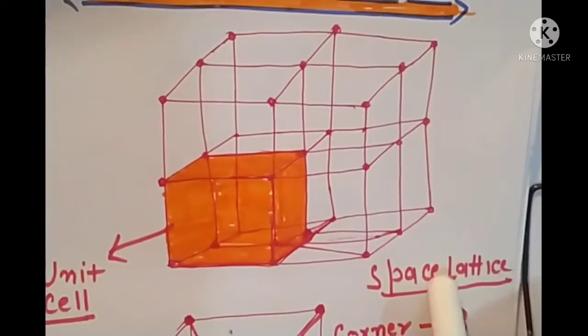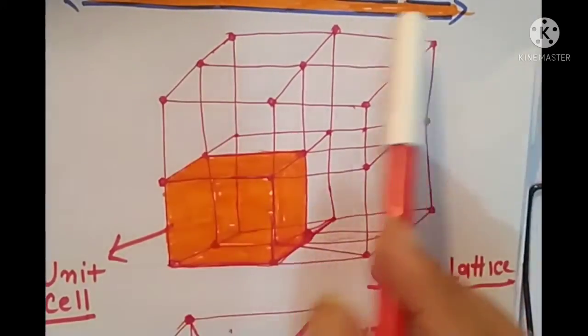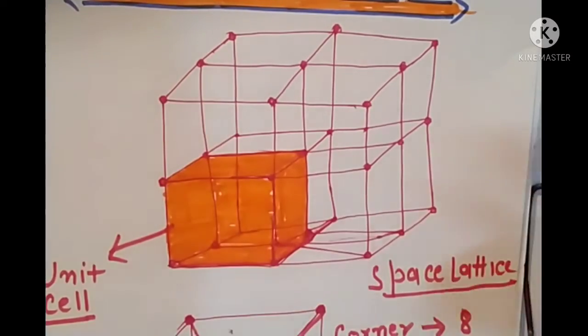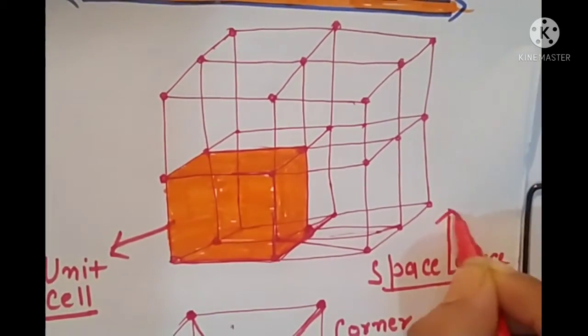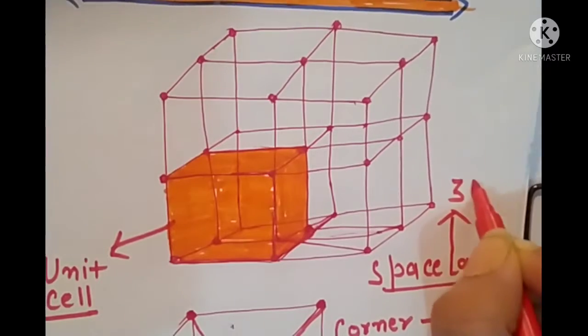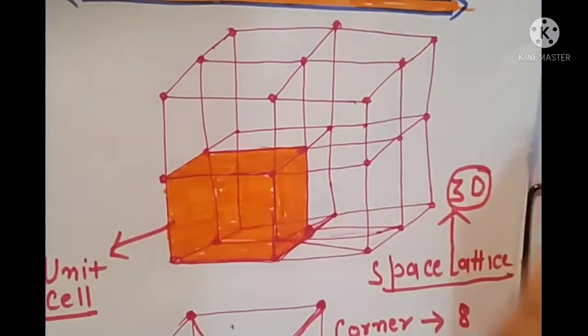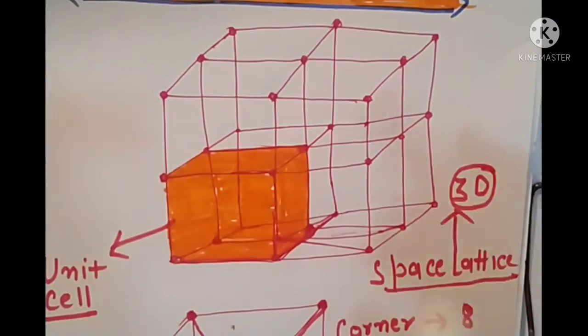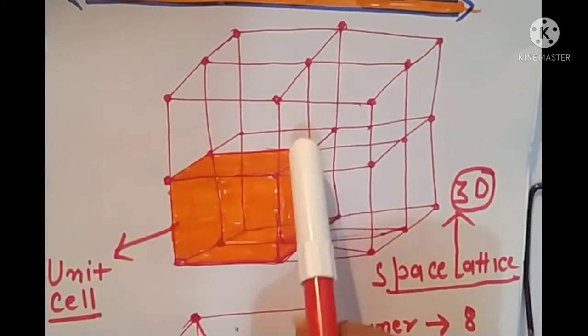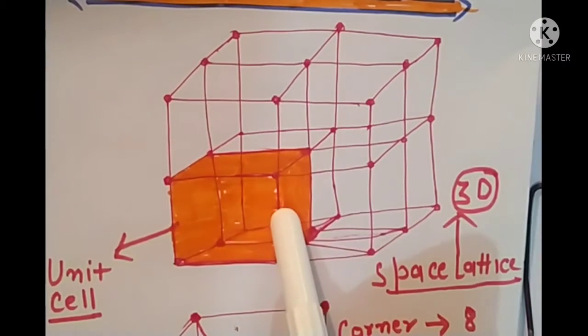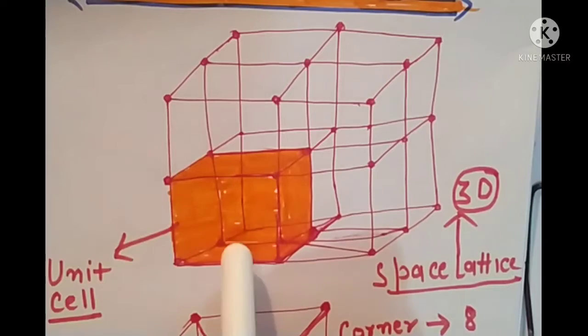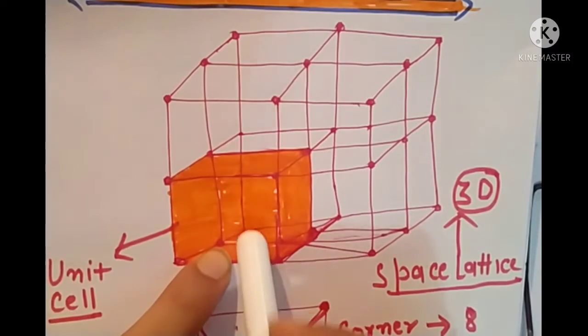Space lattice is the three-dimensional arrangement of constituent particles in space, meaning it has been divided into three dimensions.